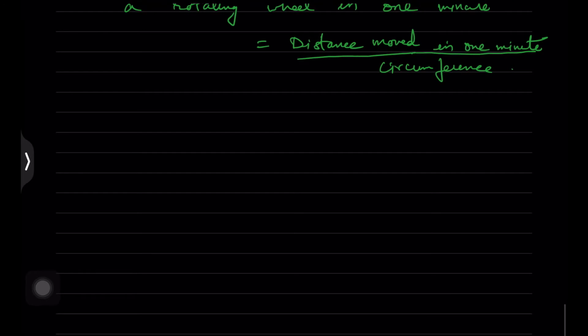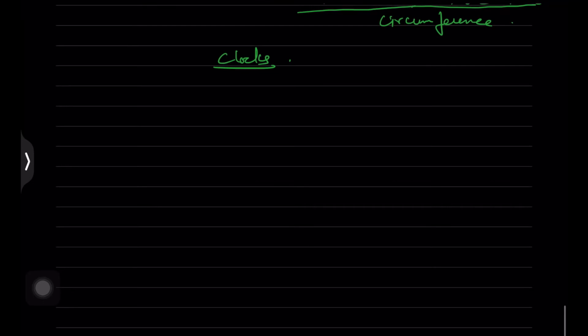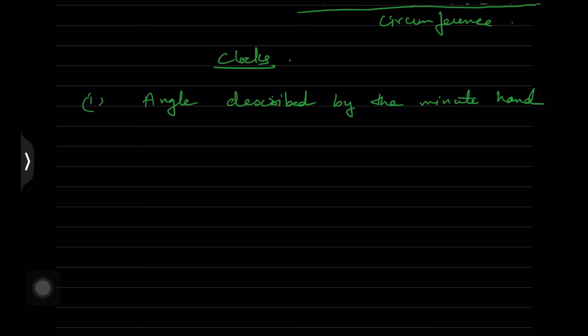Now here, clocks. For clocks, what do we do? We'll just see. First one, the angle described by the minute hand of a clock in 60 minutes is equal to 360 degrees.